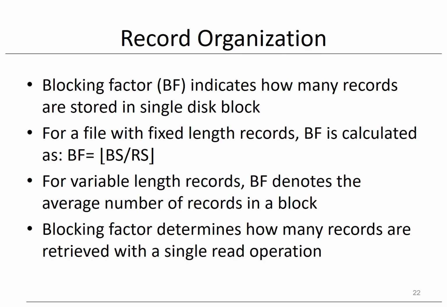The floor function rounds down the value to an integer. For variable length records, BF denotes the average number of records in a block. The blocking factor is an important value when organizing physical records for efficient access, as it determines how many records are retrieved with a single read operation without intermediate seeks and/or rotational delay.